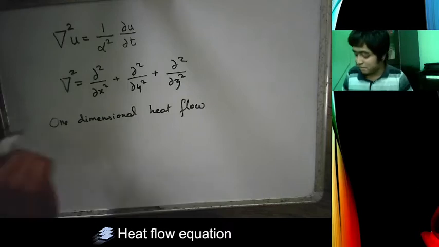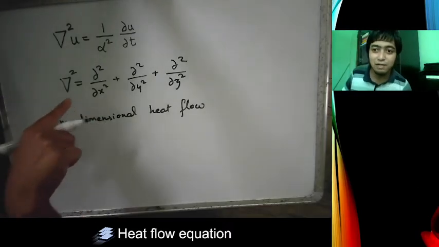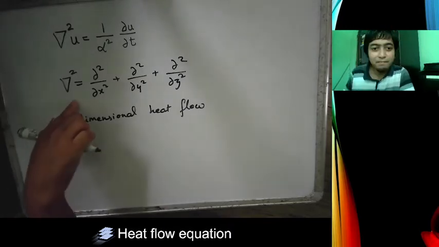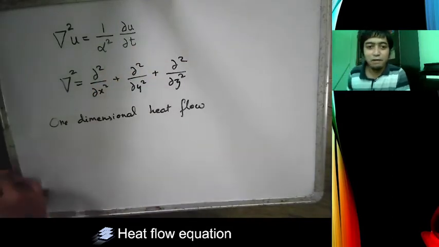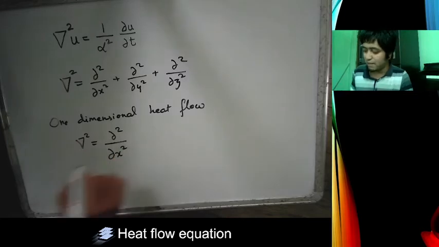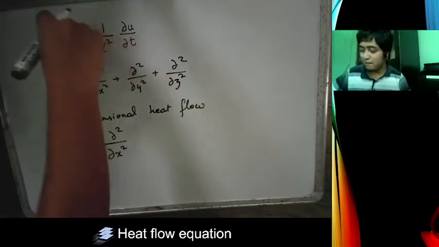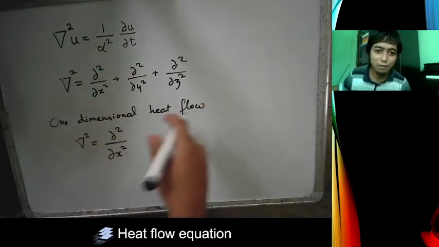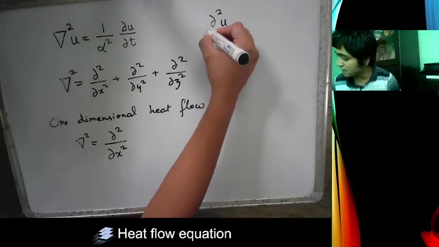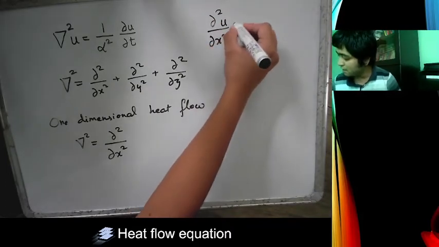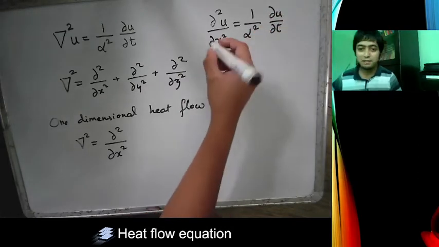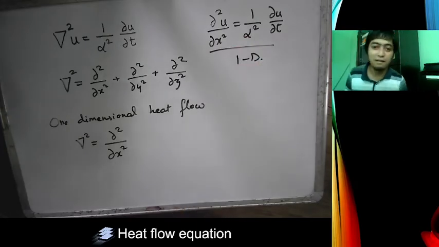So we are considering only x, the space coordinate, and the time factor t. That is why these other terms will not be involved. So over here del square takes the form del 2 del x squared. That is why for the one-dimensional heat flow we have this equation: del squared u over del x squared equals 1 by alpha squared del u del t. So this one is for the one-dimensional case.